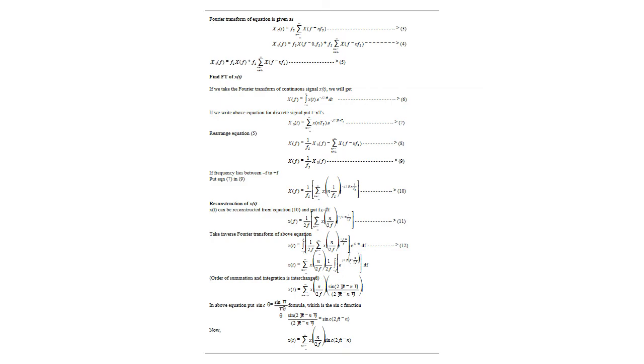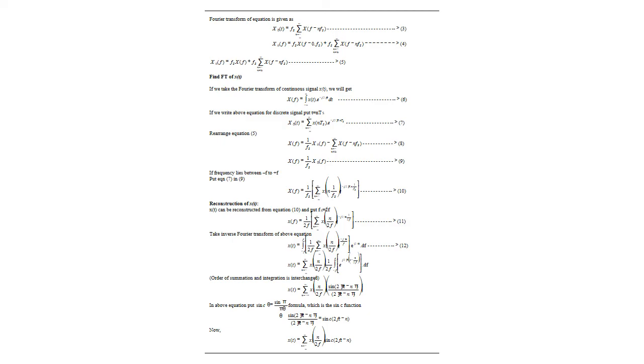Okay. So next we have to reconstruct x(t). For that we take equation 10 and put fs as 2f. So X(f) is equal to 1 by 2f, summation n equal to minus infinity to infinity of x(n by 2f) e to the power of minus j 2 pi n into 1 by 2f.